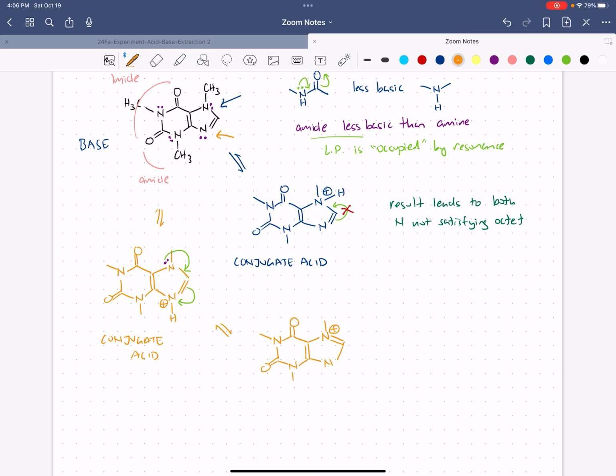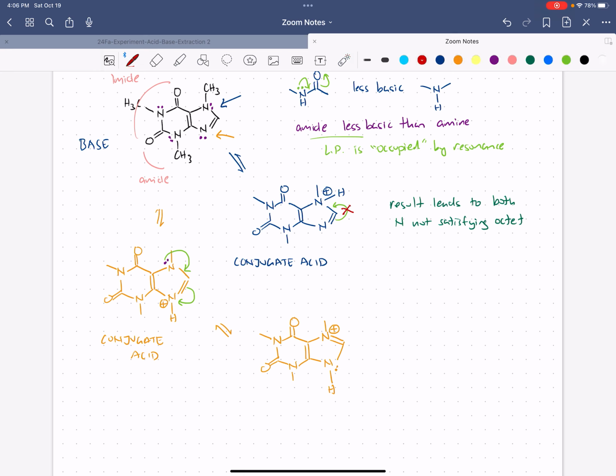And here, the nitrogen is now neutral. That's the good news. So here, resonance is used to benefit the molecule in the sense that, yeah, this is stabilized, meaning this arrow is more likely to happen than this, meaning the hydrogen or the proton is more likely to go on this nitrogen.